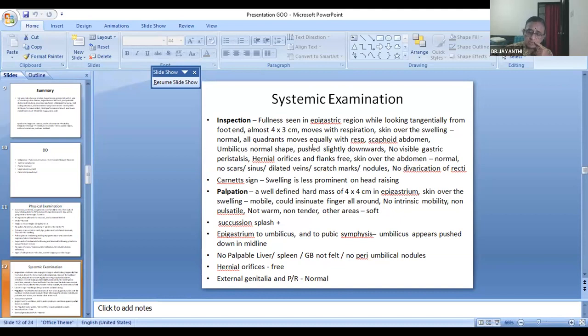What's the difference between GIST and leiomyoma? Anyone else? Krishna Kumar? What is GIST and what is leiomyoma? What are the cells of origin of leiomyoma versus GIST? Are they the same?